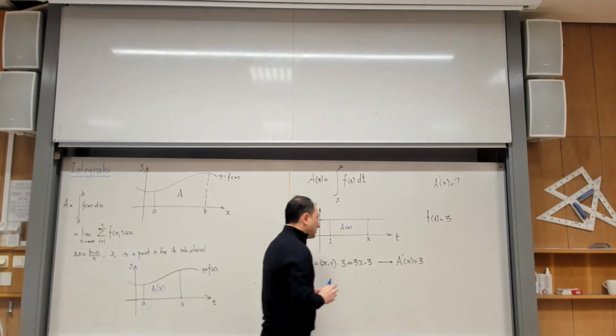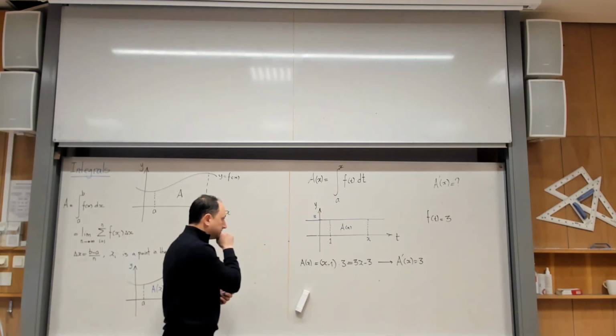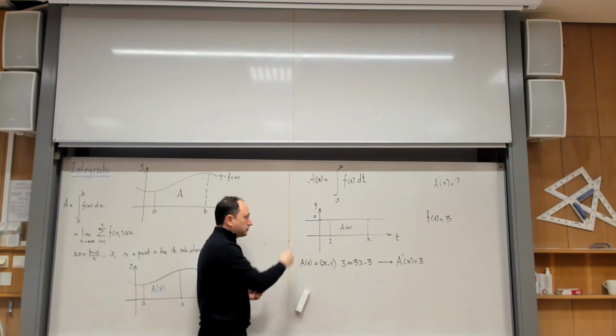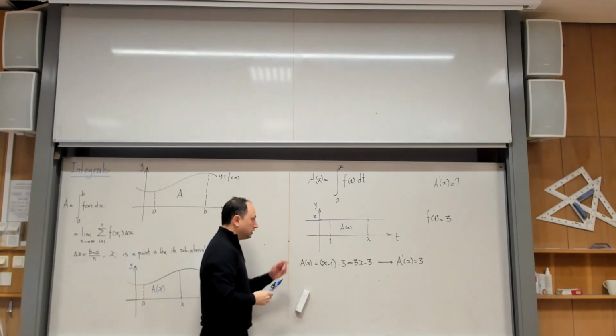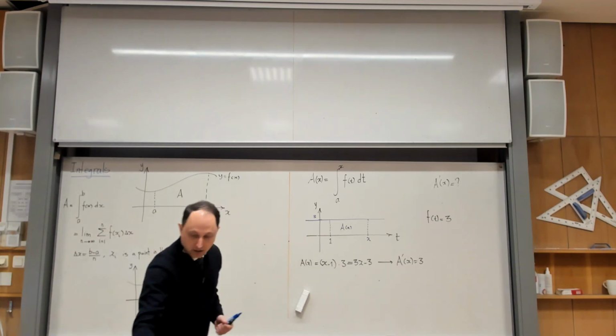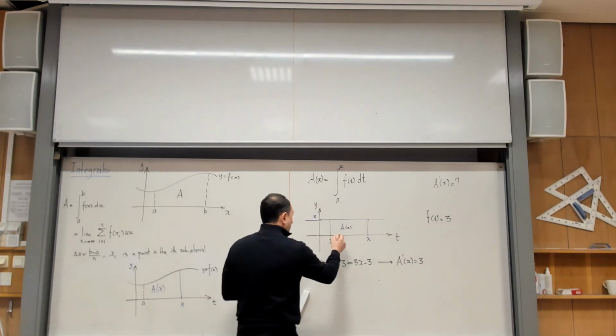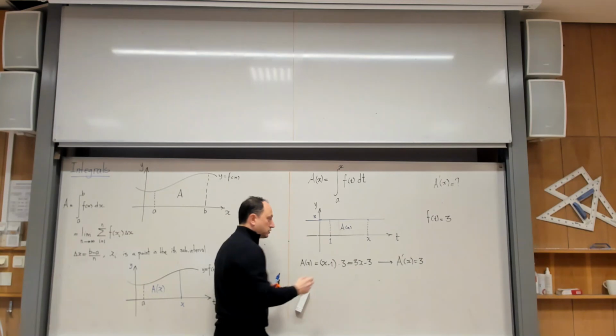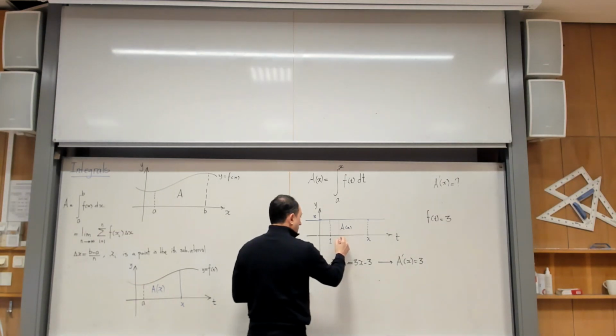Let me just draw your attention to one point here. Assume that I haven't started from 1. I have started from 2. The area will be different, yes? So for example, if I have started with 2, it will not affect the derivative, you will see. So assume that I have started from 1.5, for example.